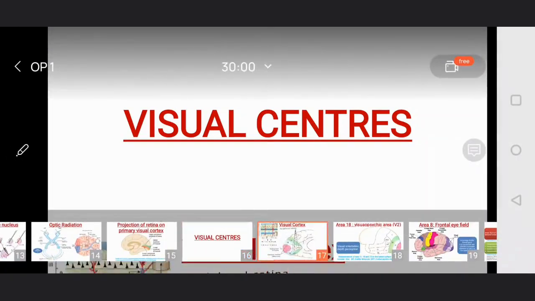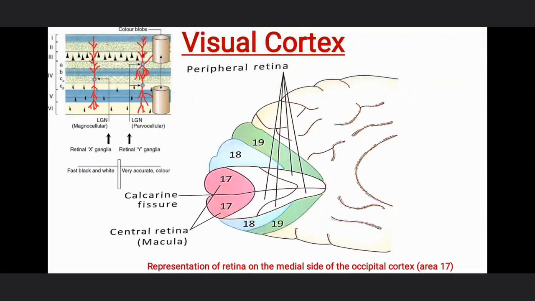The visual cortex has 6 layers, shown on the top left side. I don't want to go into detail about that, I only want to show the picture here. But this is important, the right sided one, the primary visual cortex, we call it Brodmann area 17.